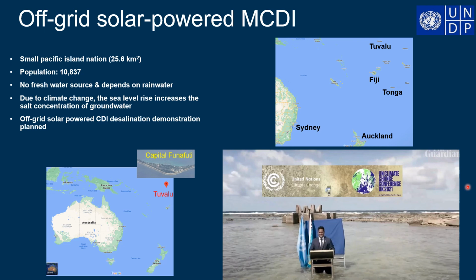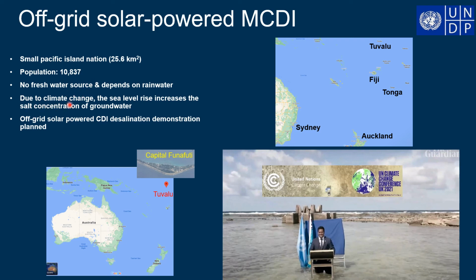This is our pilot demonstration with the MCDI together with the United Nations Development Program. There is a small Pacific island, which is Tuvalu, a very small area, 25 square kilometers, 10,000 population, and no fresh water.